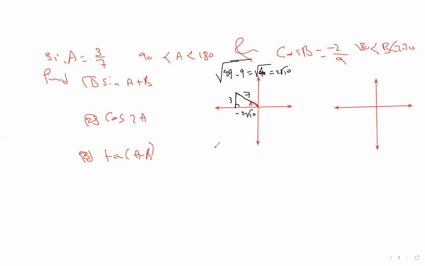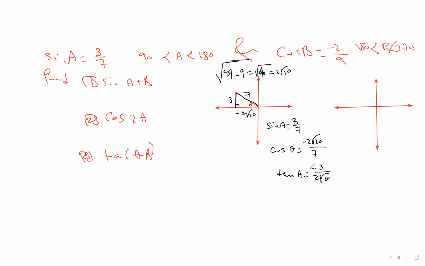And you can find sine A and cosine A and tan A. Sine A will be 3 over 7 and cosine A will be negative 2 root 10 over 7 and tan A will be negative 3 over 2 root 10.